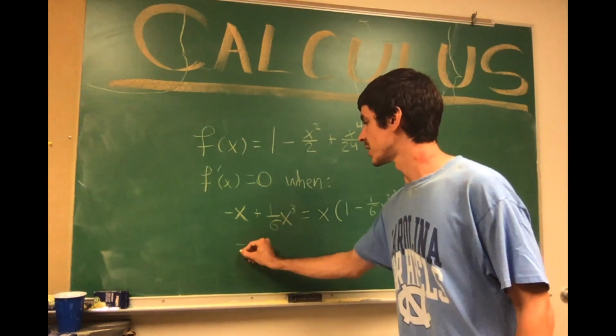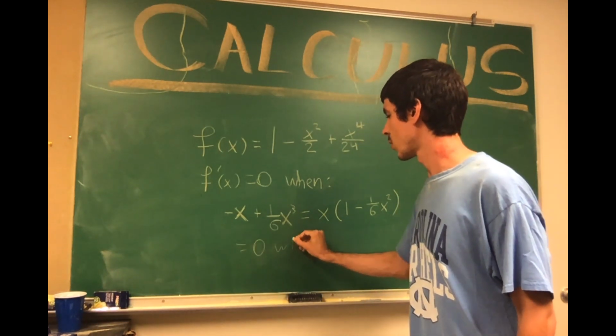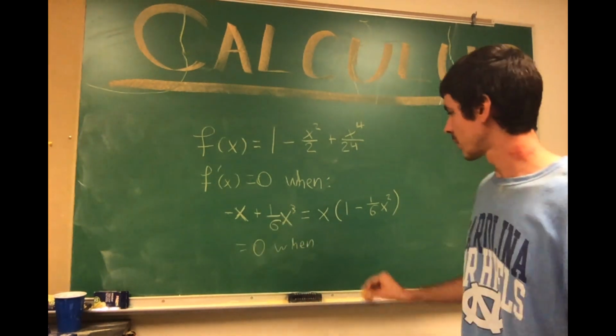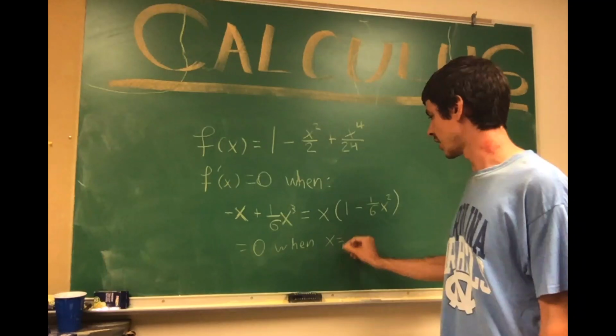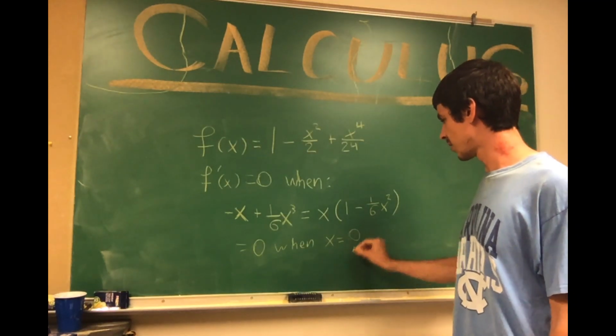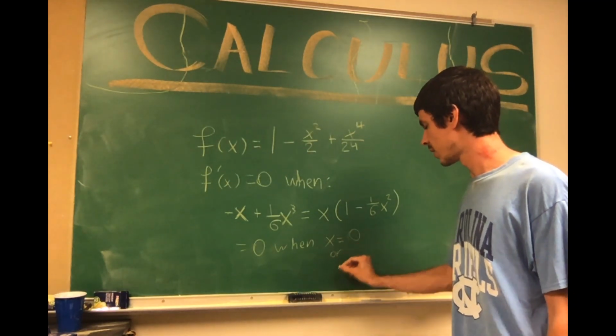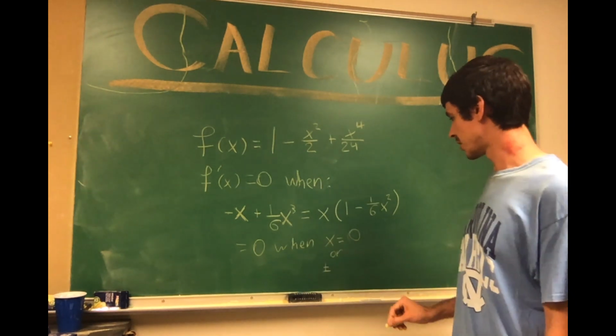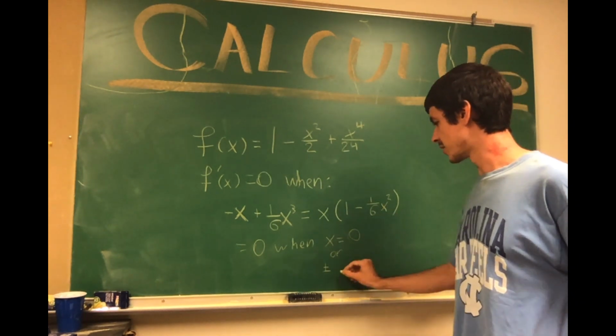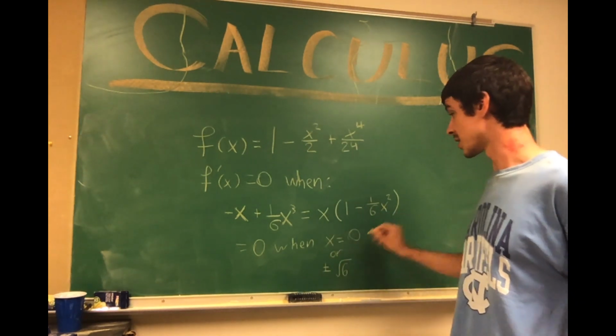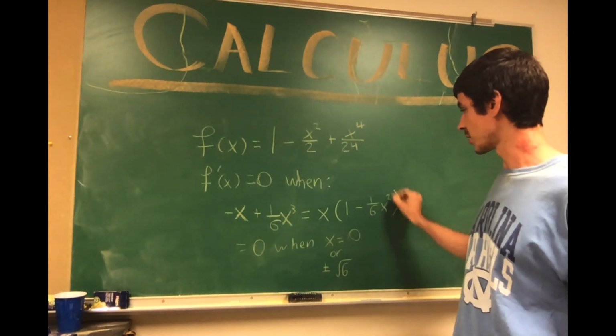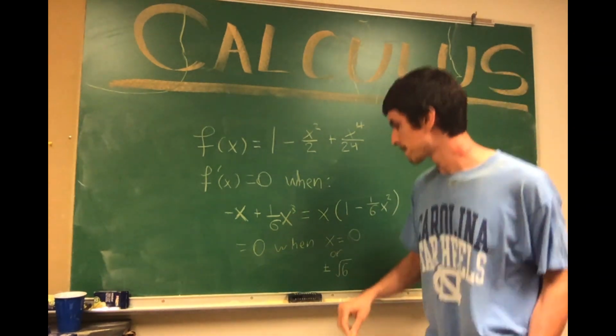So this equals 0 when x equals 0 or plus or minus square root of 6. Right, because if this is plus or minus square root of 6, then this whole term is going to be 1 minus 1.